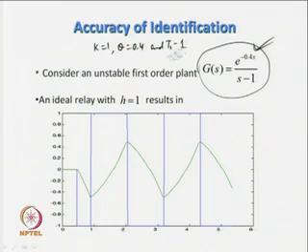Now, when a relay test is conducted on this first order plus dead time transfer function model, the sustained output is obtained, and the waveform of the sustained oscillatory output is shown over here, where this is our output y(t). Let me draw the x axis.